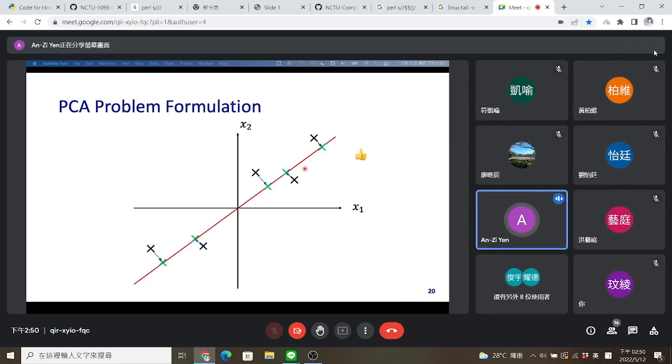We project the data so that the sum of squares of these blue lines is minimized, and the length of those blue lines is called the projection error. So PCA tries to find the surface onto which we can project the data so as to minimize it.